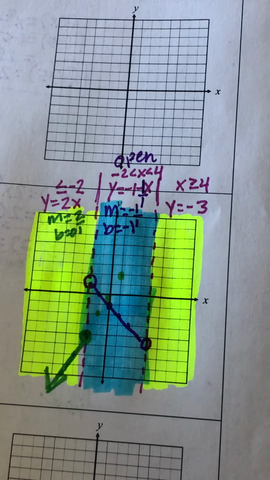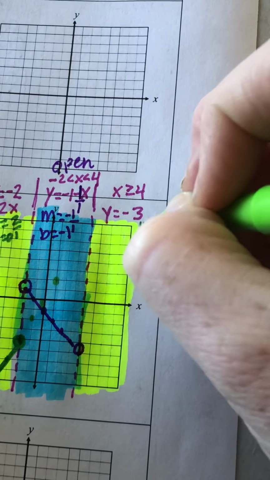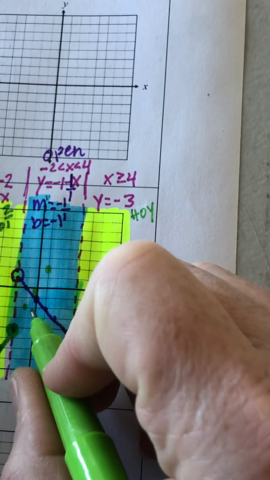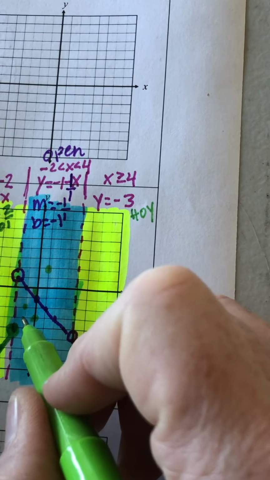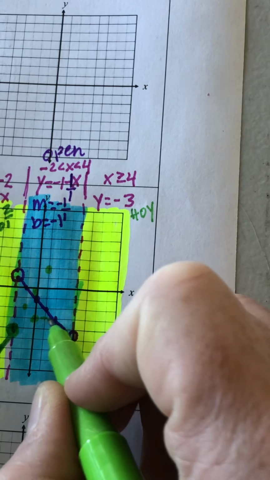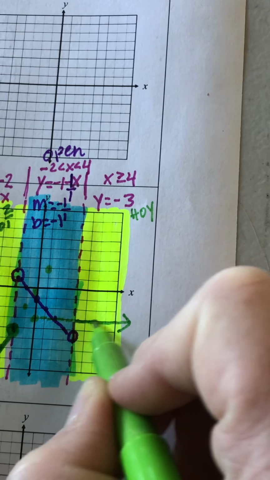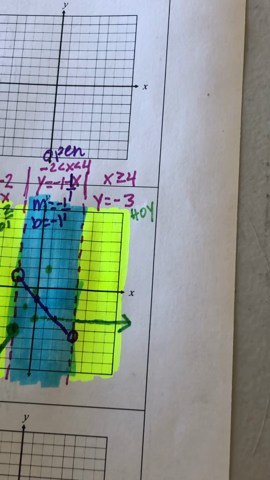All right, last one, y equals -3. So that is a horizontal line at -3 on the y, which is down here, okay? And it would be a horizontal, so go across, but all I care about is the side that's greater than or equal to 4.